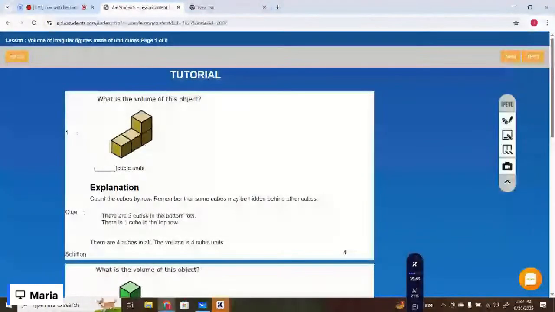So count the cubes by rows. Remember that some cubes may be hidden behind other cubes. There are three cubes in the bottom row and one on the top. So there are four cubes in all.